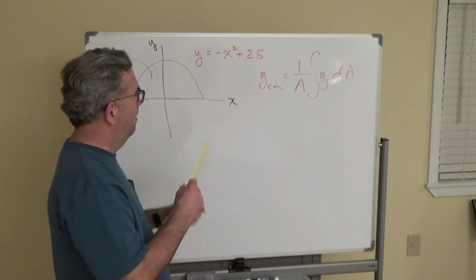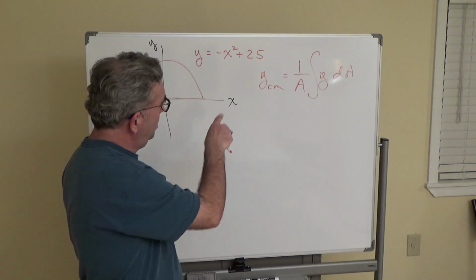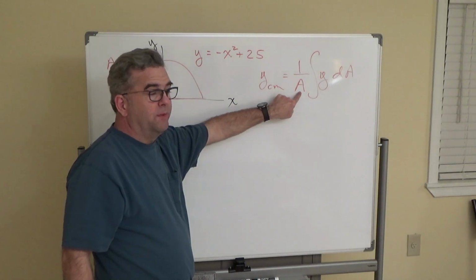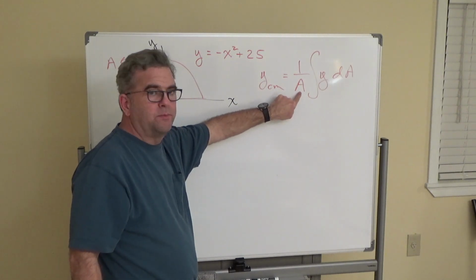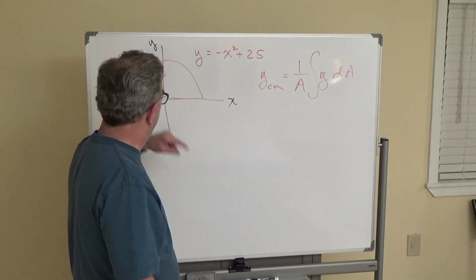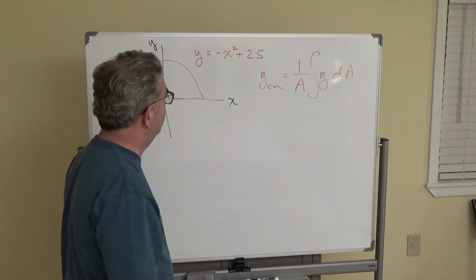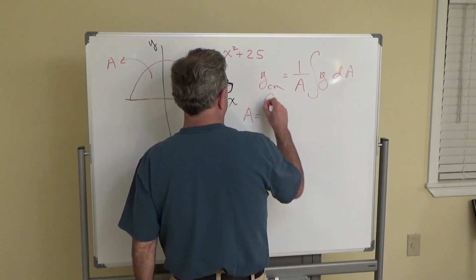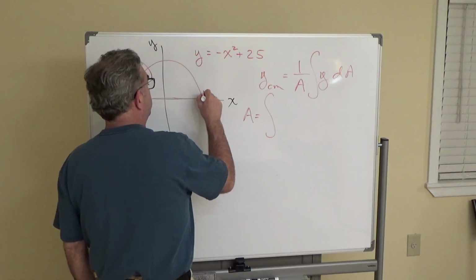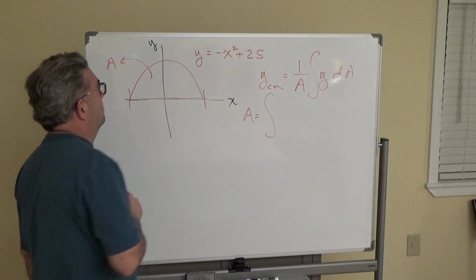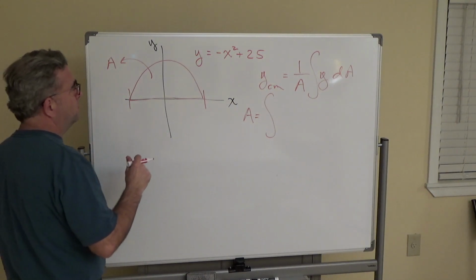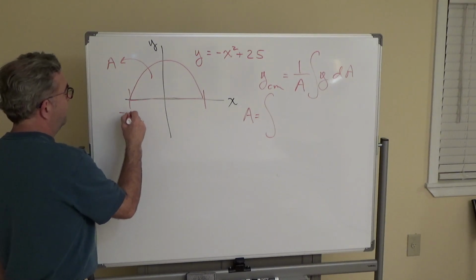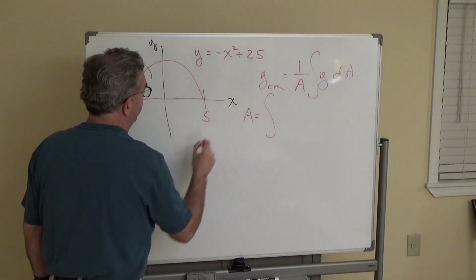All right? So first, we're going to need this, so I'm going to calculate that area. That's pretty easy. Everybody knows how to do that. The area underneath the curve is the integral. What are these points? Well, those are the x-intercepts for the parabola, that's -5 and 5, I think.